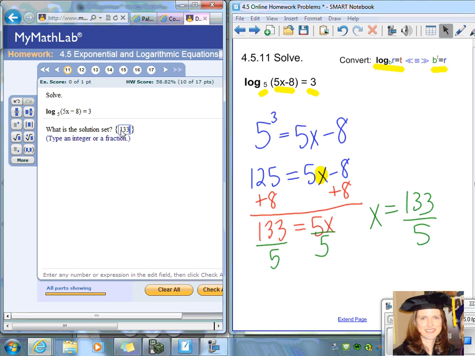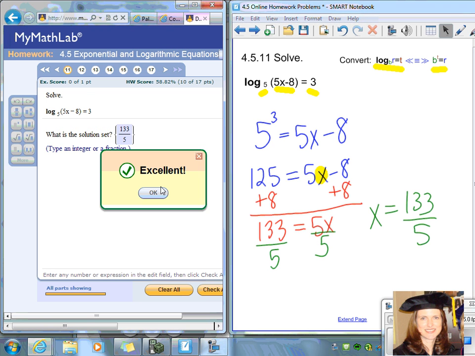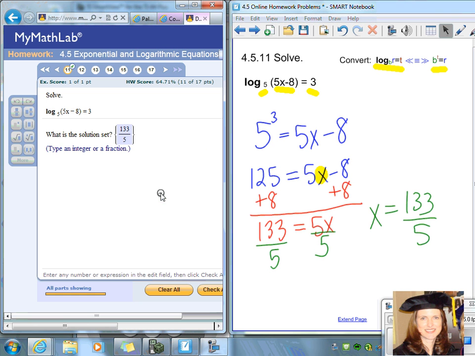Let's write our answer and check our answer. So the key to solving this logarithmic equation is to find the three parts, the base, the exponent, and the argument, and rewrite it in exponential form.